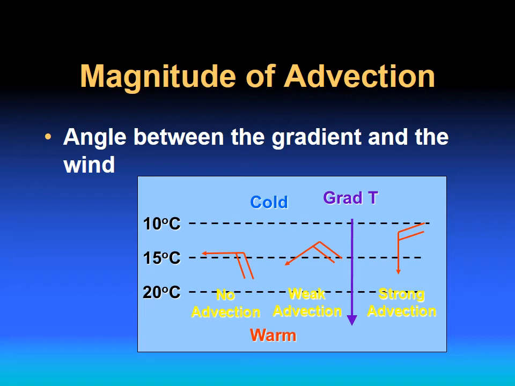But as you increase the angle between the isopleths and the wind, you notice that the advection gets stronger and stronger until it's 90 degrees. When you have an angle between the isopleths and the wind of 90 degrees, in other words, the gradient is pointing more or less the same direction as the wind, then you have your strongest advection.